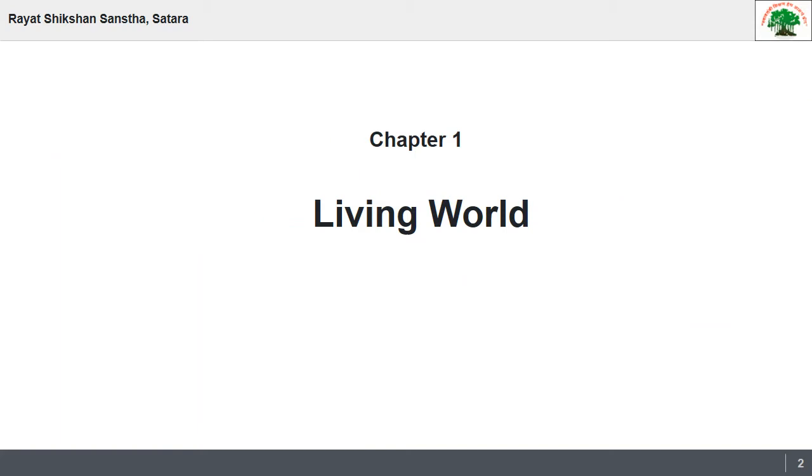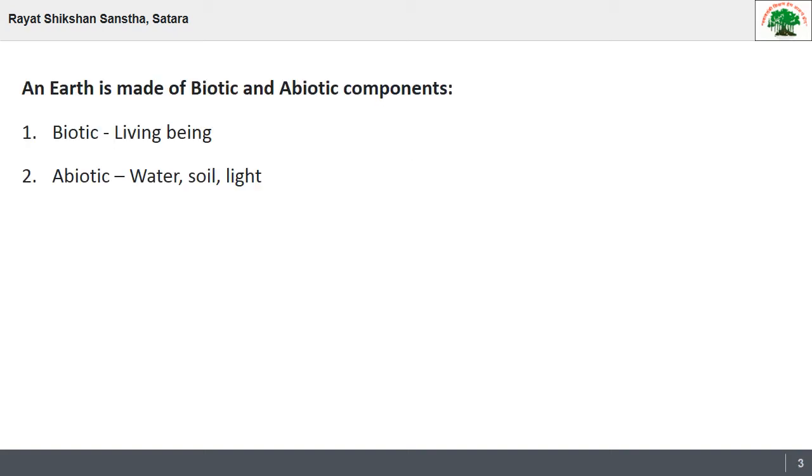Chapter first, living world. Biology is a science of life forms and living processes. Living world includes all the living organisms such as microorganisms, plants, animals and humans. This chapter introduces the features of living organisms. The earth is made up of biotic and abiotic components.